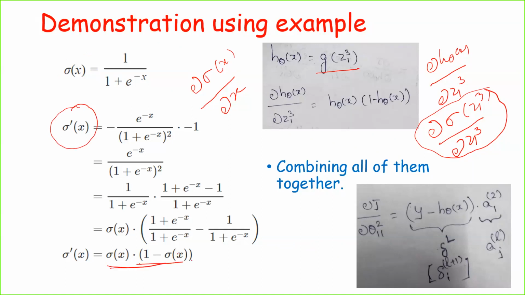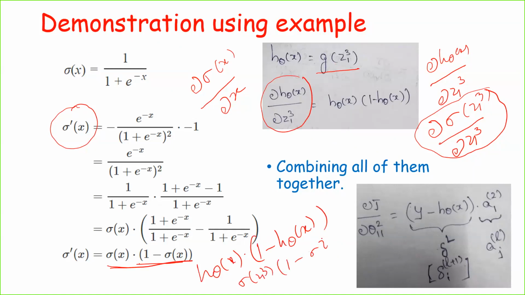So using this, can I say the derivative of h theta of x with respect to z13 is equivalent to h theta of x times 1 minus h theta of x, or equivalently sigmoid of z13 times 1 minus sigmoid of z13? Can I write this using sigmoid of x times 1 minus sigmoid of x? Yes, sir.